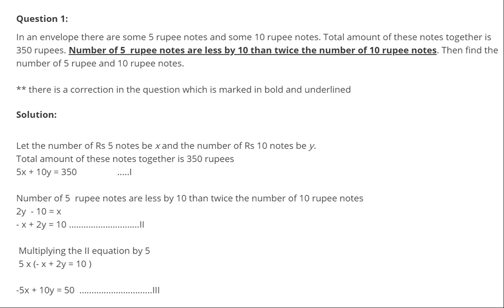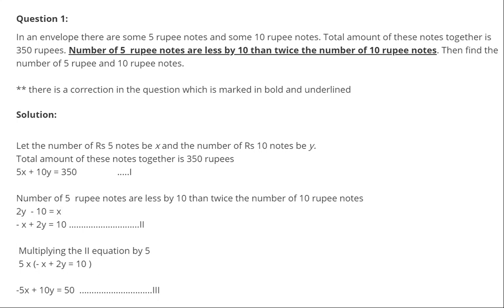Now the second statement states that the number of 5 rupee notes is less by 10 than twice the number of 10 rupee notes. Twice the number means 2 times. 2 times the 10 rupee notes, that's 2y, minus 10, less by 10, will give me the number of 5 rupee notes, that is equal to x.